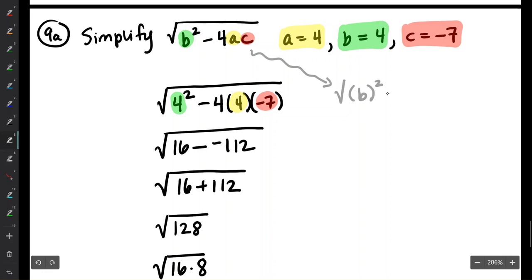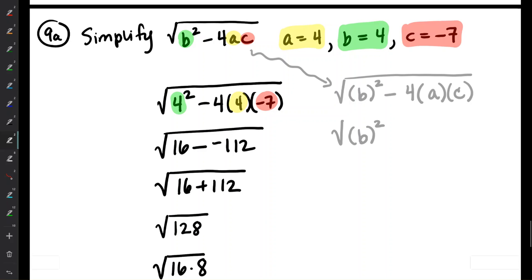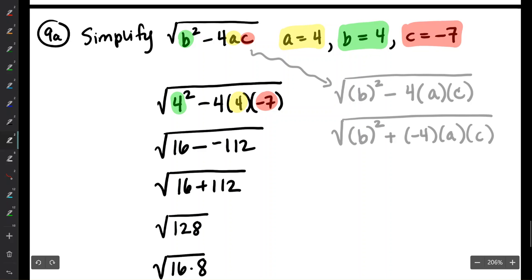B squared, I'm going to write that way, minus 4 times A times C. And even taking it a step further, if that subtraction is a place where you're getting hung up, I can write minus 4 times A times C as plus a negative 4 times A times C. And this helps a lot of people plugging in with those parentheses and doing the plus right there.